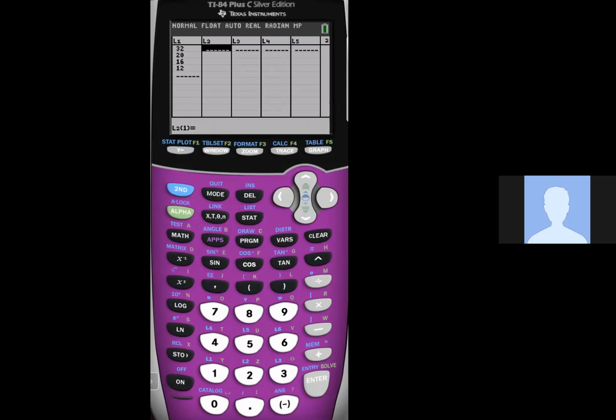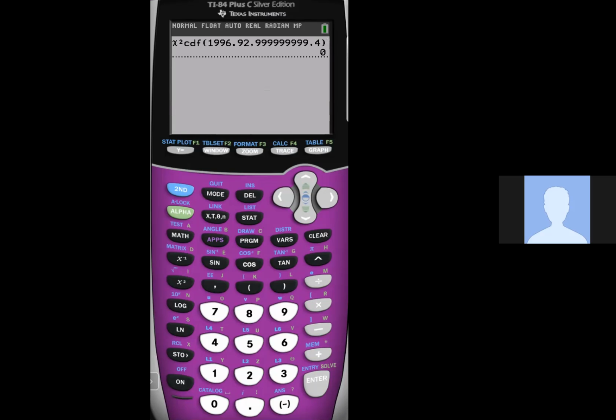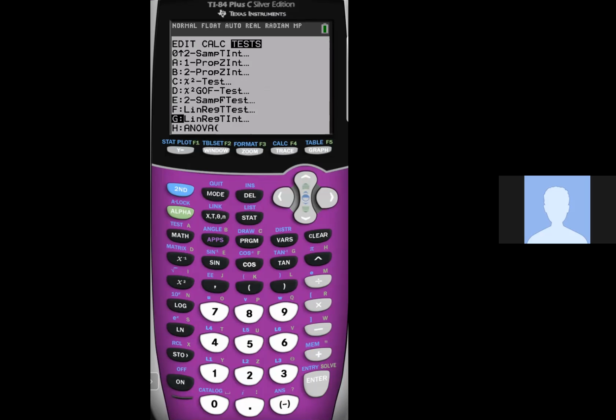That L1 is our expected counts, and L2 is our observed. So they're all entered. And then after you finish inputting the numbers, do a second mode and go back to the home screen, and go to stat, test, and then chi-square GOF. GOF means goodness of fit.